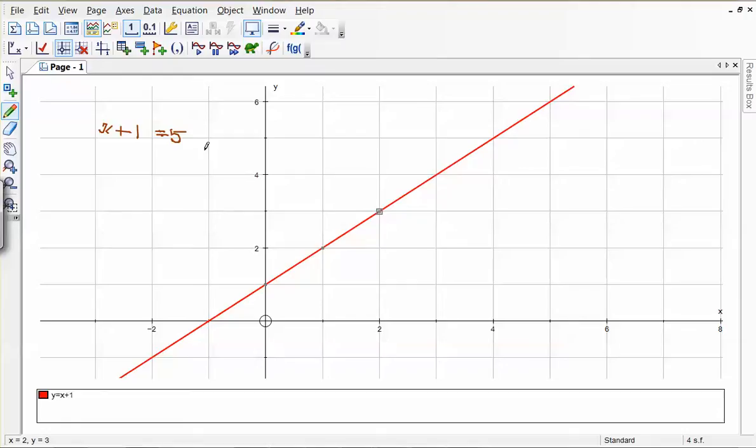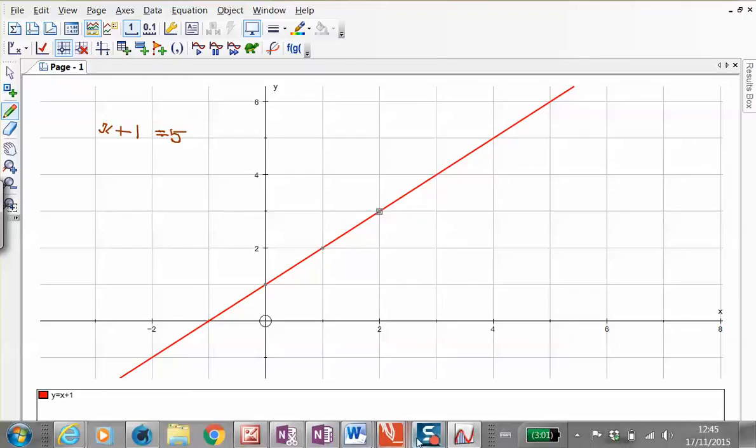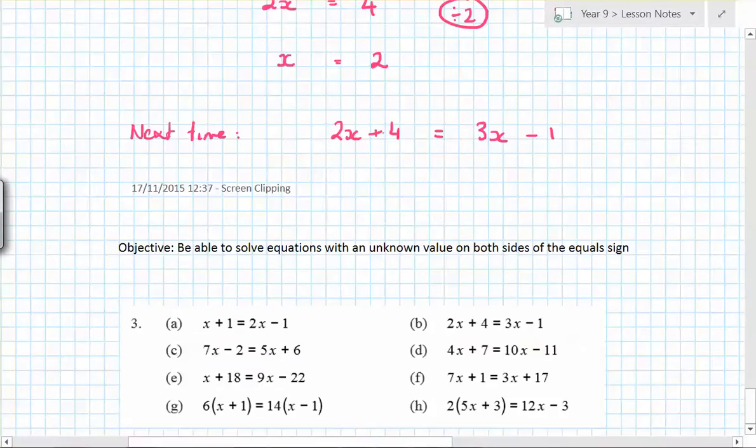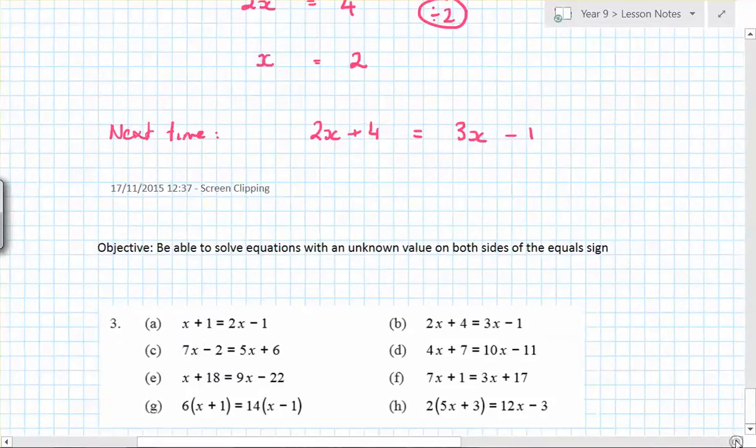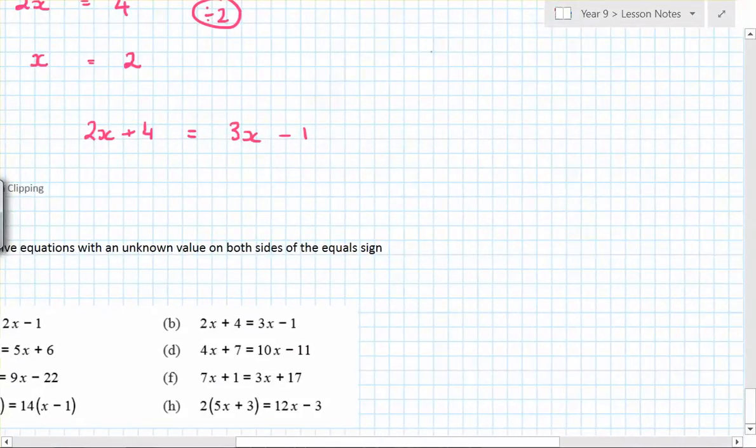But I want to know, do you remember back here, look, using this method up here, if I said to you, solve x plus 1 equals 5, what would you do? So first thing you would do is subtract 1 from both sides, leaving you with x equals 4. Right, 4. And that's it, yeah? x is equal to 4. Happy?